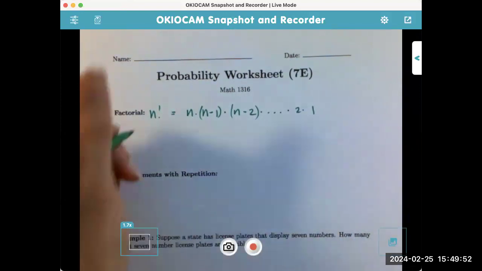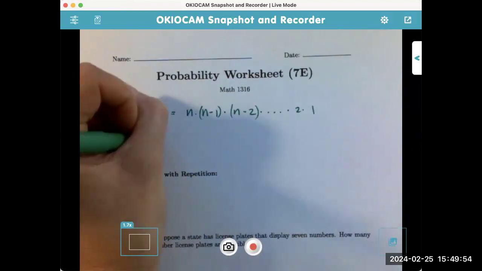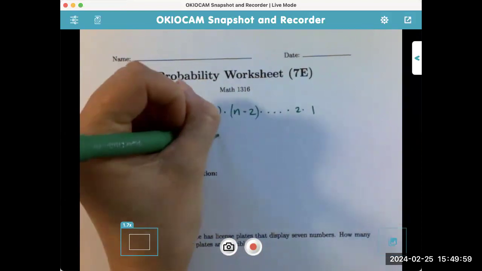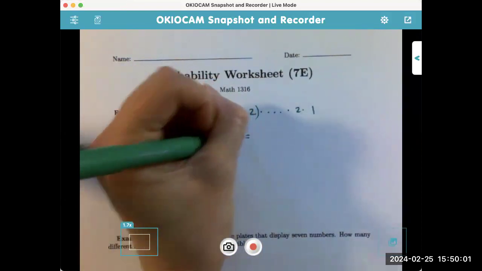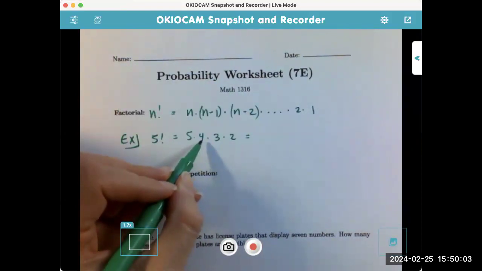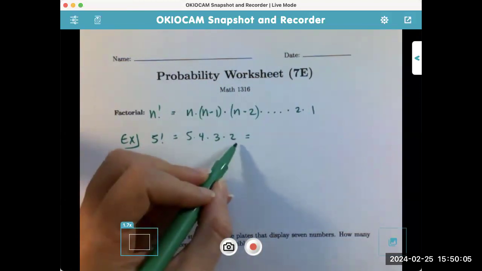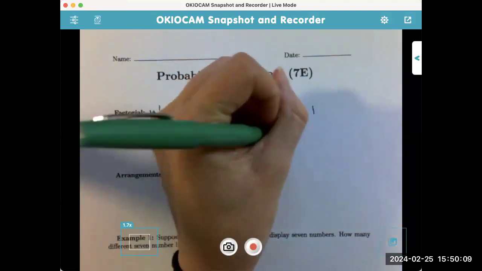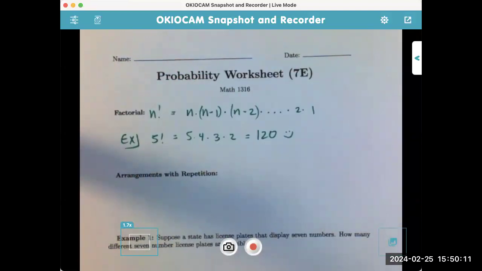One. So if I have an example like 5 factorial, that's just 5 times 4 times 3 times 2. So 5 times 4 is 20, times 2 is 40, times 3 is 120. And there you go, that's it.